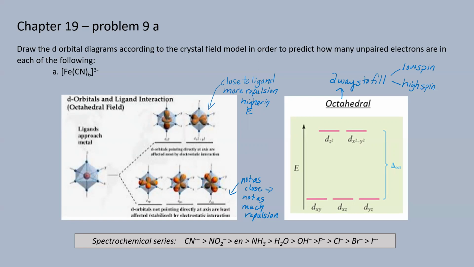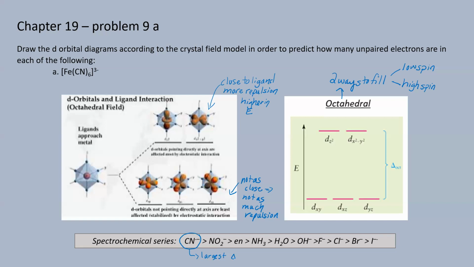And if you go down to the bottom here in this gray box, we get what's called the spectrochemical series. It puts the ligands in order of their strength to the metal. If it's stronger, it's going to cause a larger delta between the energy of the orbitals. Cyanide is the one in this particular problem, and we can see out of all of these, it's going to have the largest delta.